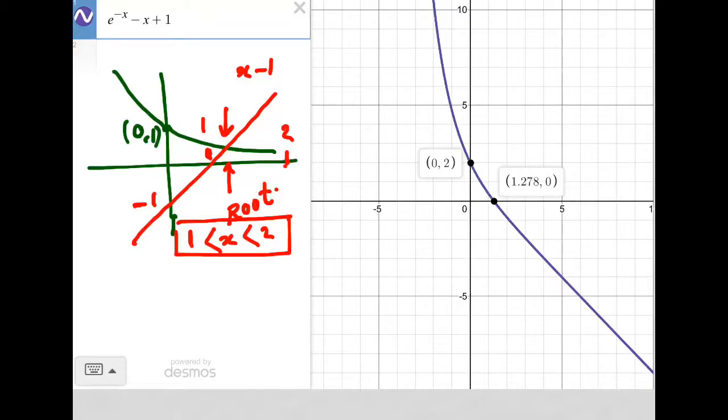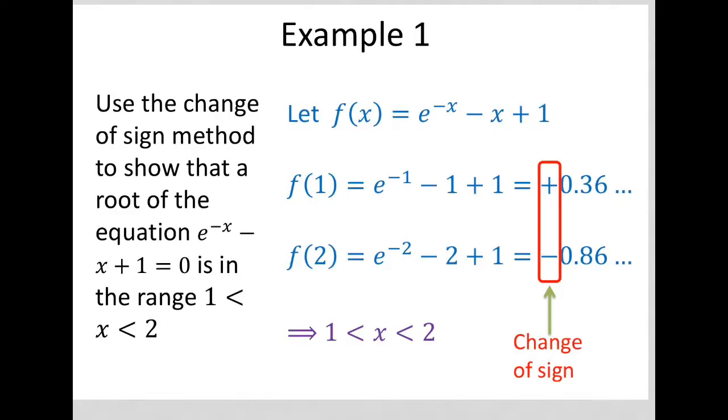Now the change of sign method is going to look something like this. This is the same example number 1 in your notes. What we do is we work out, well, it says here in the range 1 and 2.